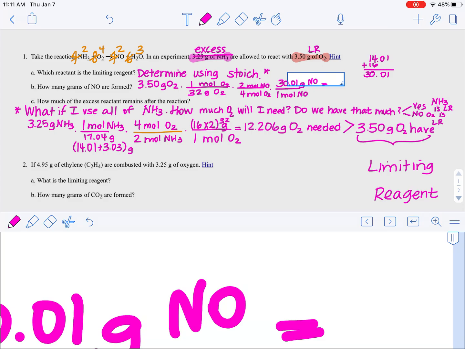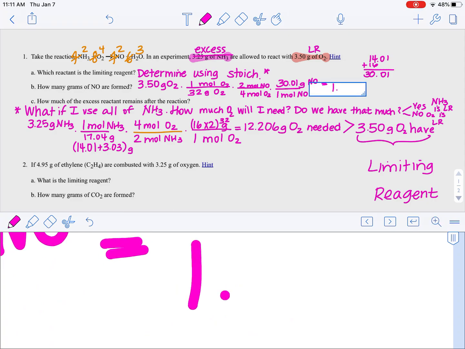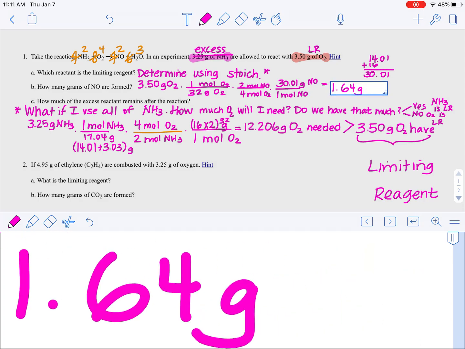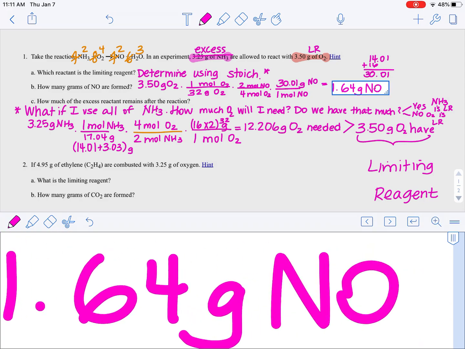Right, that's our molar mass. Doing the arithmetic, 3.5 times 2 times 30.01 divided by 32 times 4, I have 1.64 grams of nitrogen monoxide will be produced.